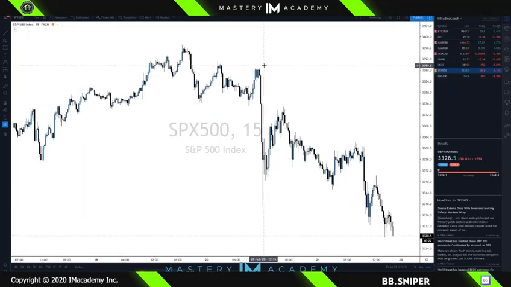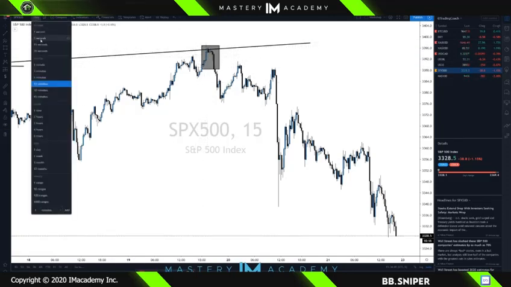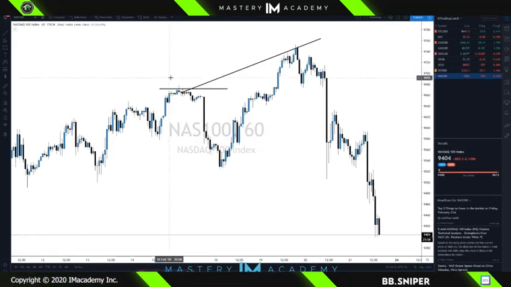If you're looking at a 15-minute, still the same thing. You can see that price came up, made a new all-time high, and then slammed down. NASDAQ, same thing.